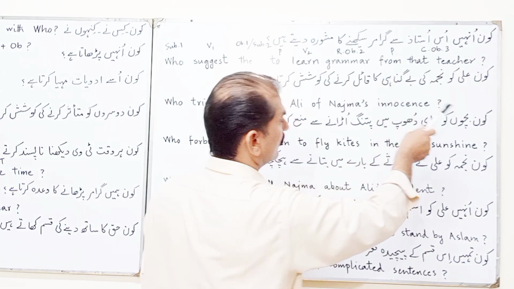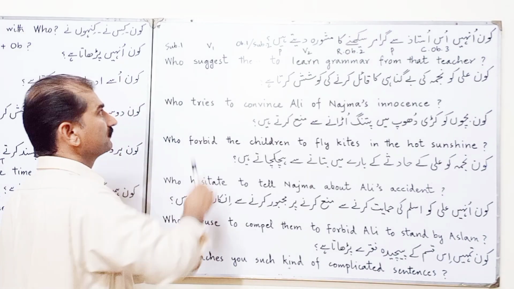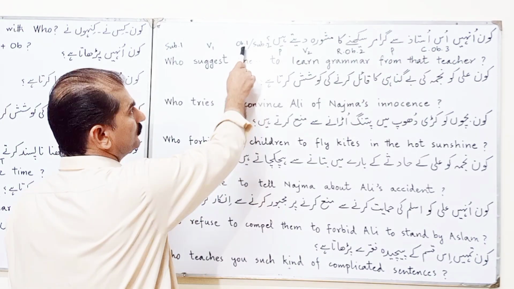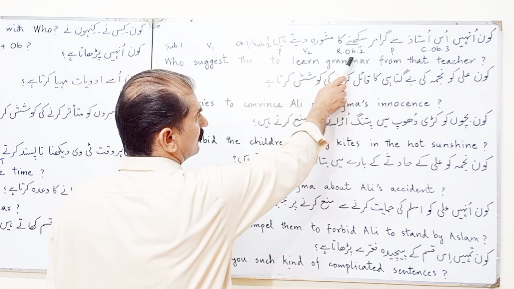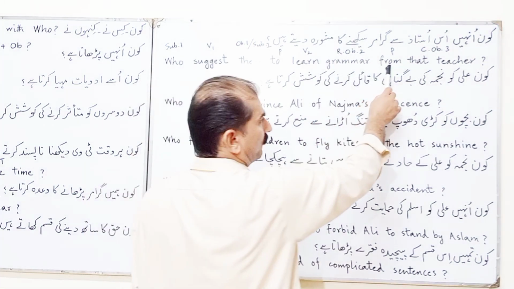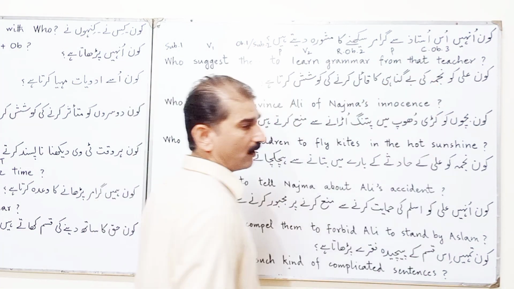Here who will always serve as the subject one. Suggest is the verb one. Them here serves as object one for the subject one and subject second for the verb second and object second, which is grammar, a real object. From serves here as a preposition and that teacher is a casual object 3.